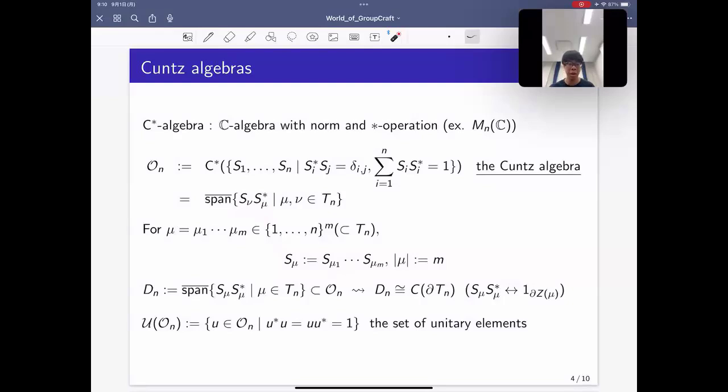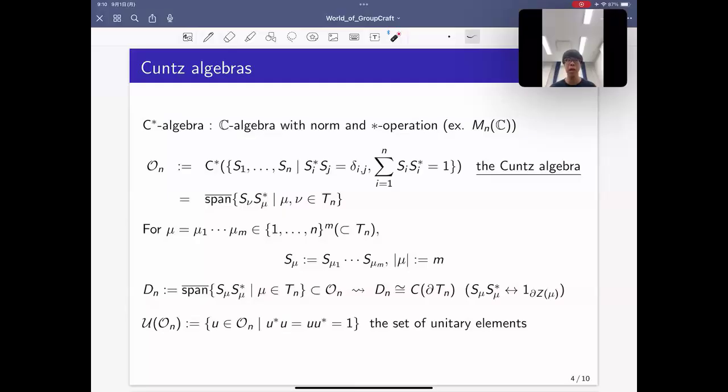And here, this is a distinguished subalgebra of the Cuntz algebra, spanned by these elements. In the Cuntz algebra, mu and nu can vary, but for this one the lengths are equal.